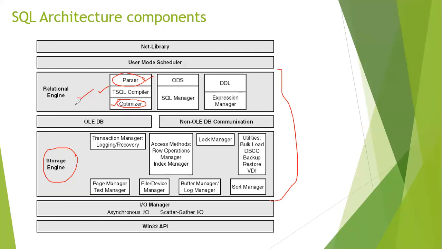But the optimizer checks whether any query with a similar pattern has ever executed. If a similar query was executed, the optimizer checks whether a plan is already available, right? A plan is nothing but an estimate for the execution of your query.